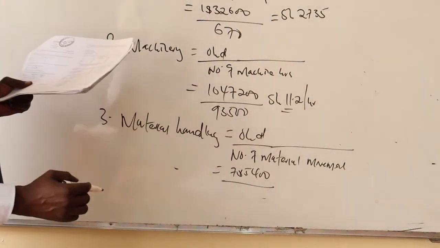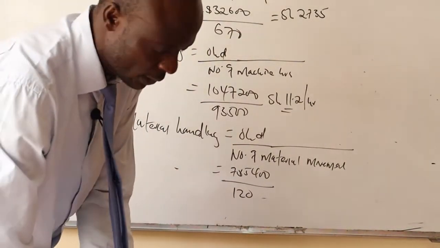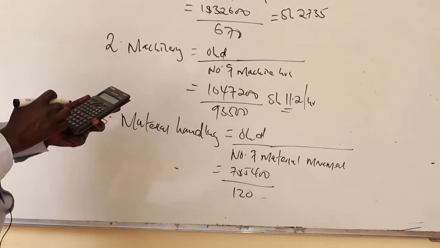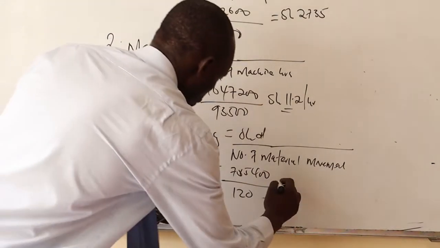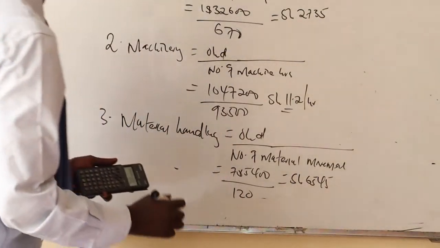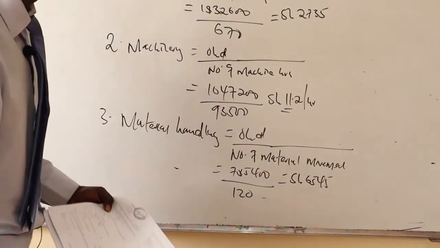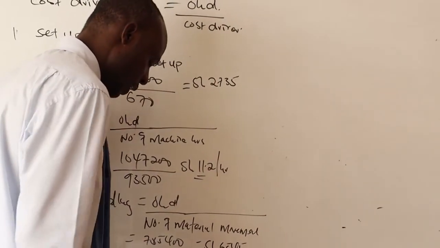The total number of movements we have been given in the question is 120, and for each product it is also provided. So we're going to divide by 120. So here it's going to be shillings 6,545 per movement.